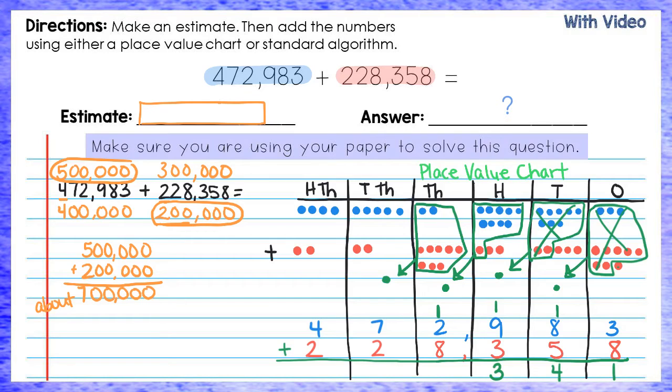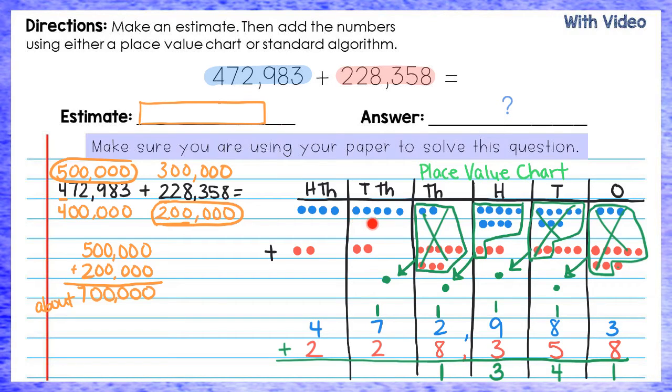So instead of having 8, 9, 10, 11, we have 1 left in the thousands place because we got rid of these, and then we brought 10,000 over, and we have 1 more added to the 10,000s. This one is representing our green dot.